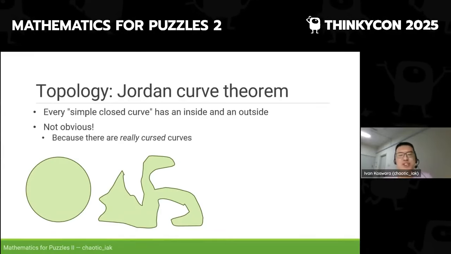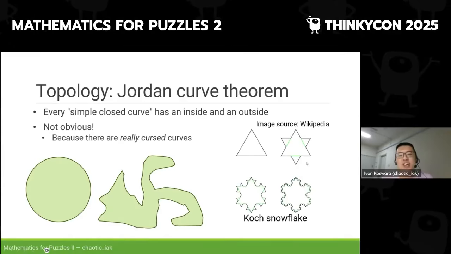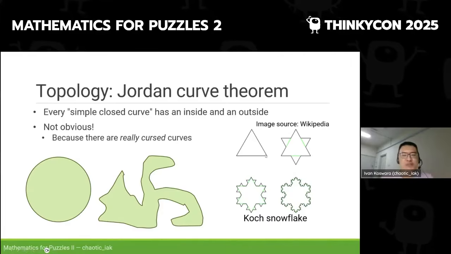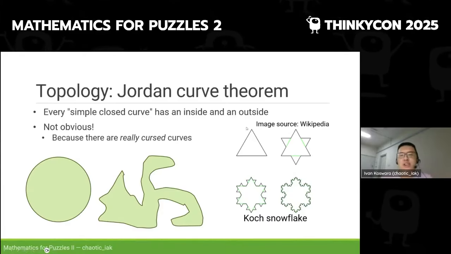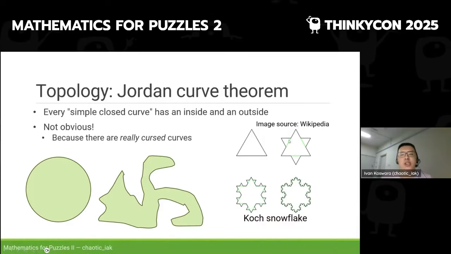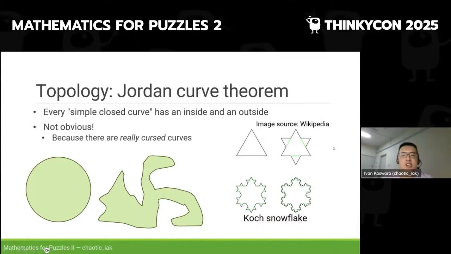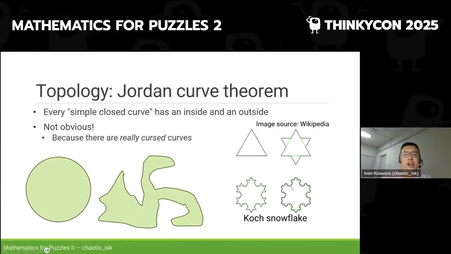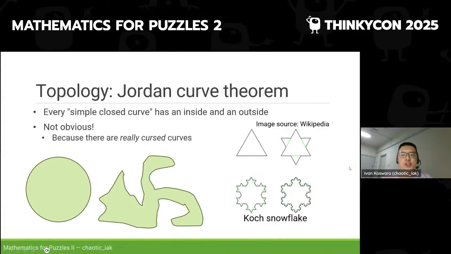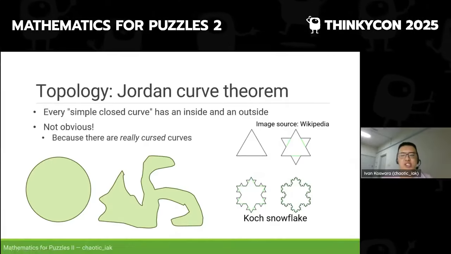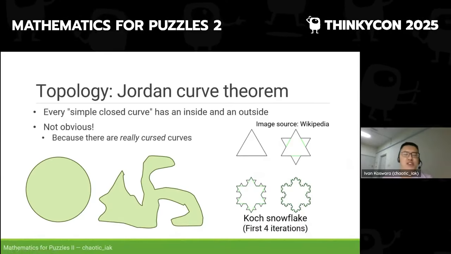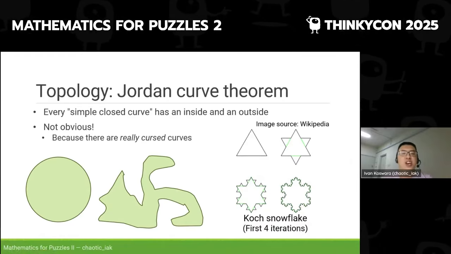For example, here we have the Koch snowflake. You start with a triangle, and then on each side you place a smaller triangle, and then again, and the snowflake actually goes on infinitely. This only goes for 4 iterations. You just keep going 5, 6, 7 iterations and going infinitely.